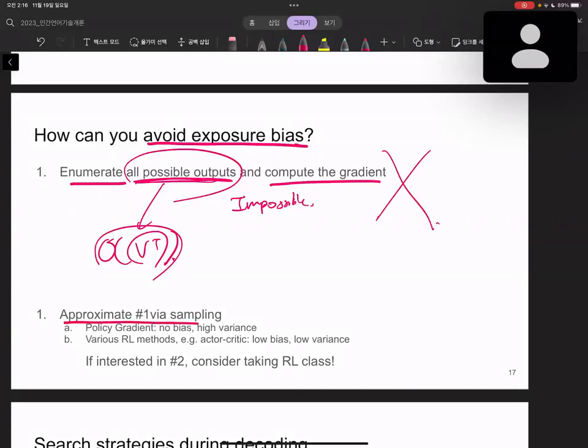So there is another way, using policy gradient, which is the reinforcement learning method, and there is no bias but very high variance.